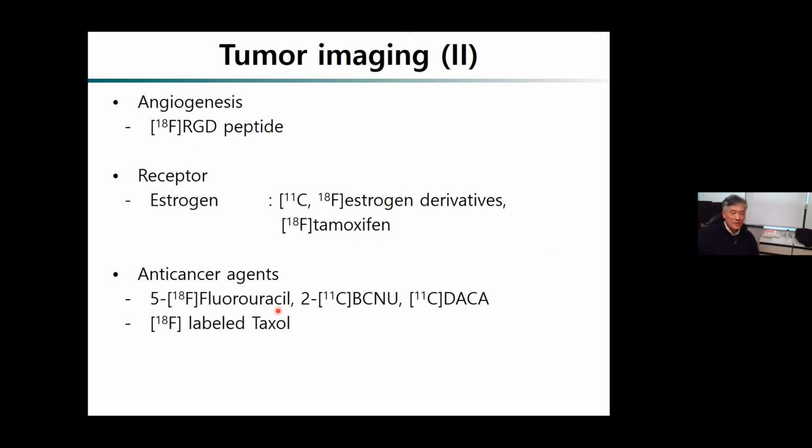And sometimes an anti-cancer drug can be labeled with F18 or C11. So before treatment with these kinds of anti-cancer drugs, we can visualize whether that patient can be treated with these types of anti-cancer drugs.